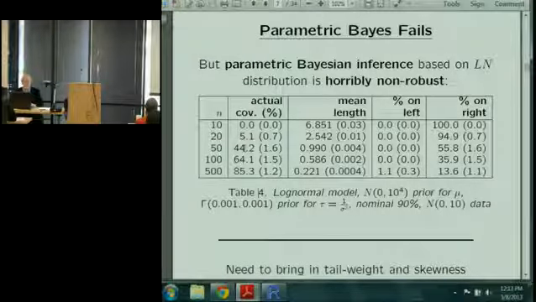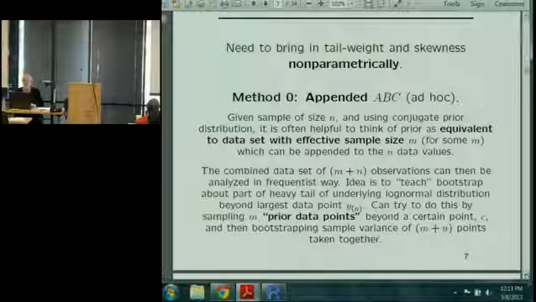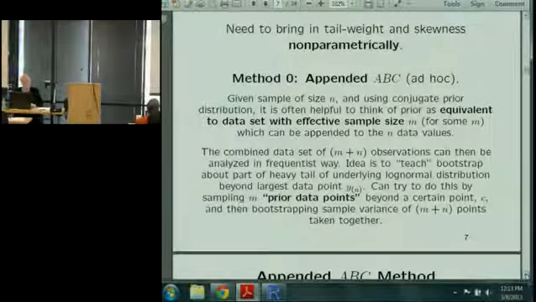And with 50 observations, they're covering only 44% of the time. The same would be true, by the way, of the frequentist intervals. If you tell the frequentist machinery that things are log normal, and then you feed it normal data that's very different from the log normal that it thinks of, the frequentist and the Bayesian methods are both going to be horribly non-robust. So we need to bring in the tail weight and the skewness non-parametrically.